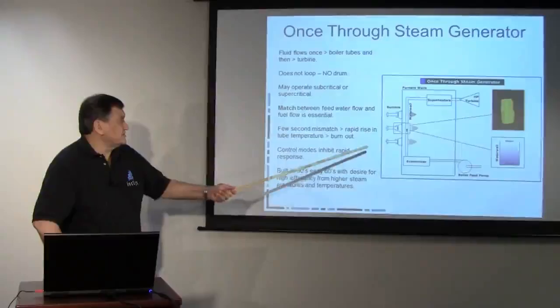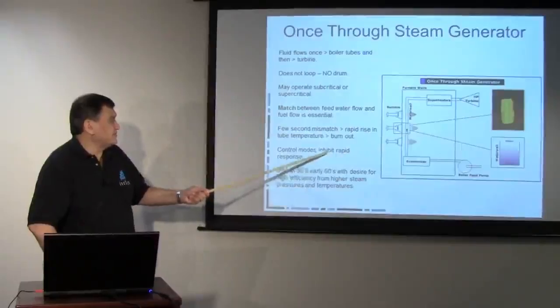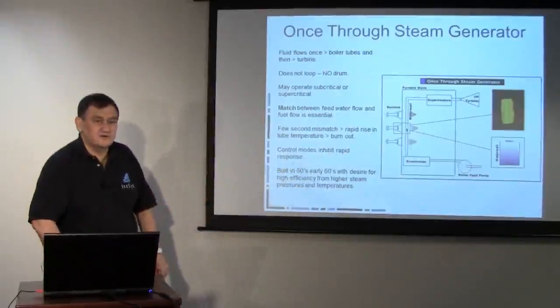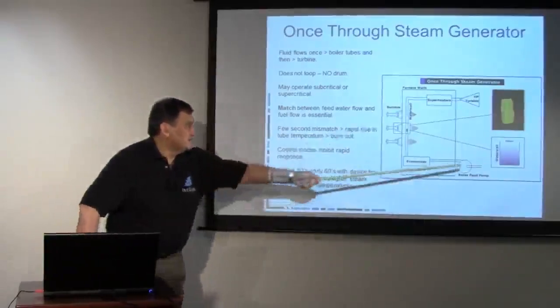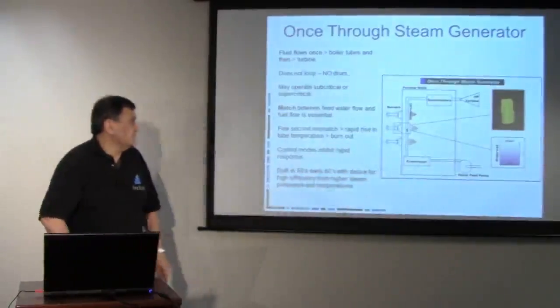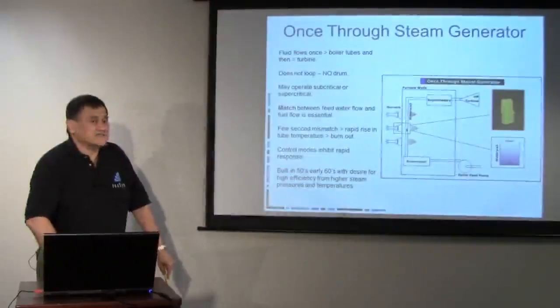So with these units, they inhibit the rate of response with the control mode, and the operator has to be very careful of keeping these two things in balance. And that's also why the operator does not like to keep those units below the minimum load point. You've clearly got to take the unit from 0 output and ramp it up to the minimum output.